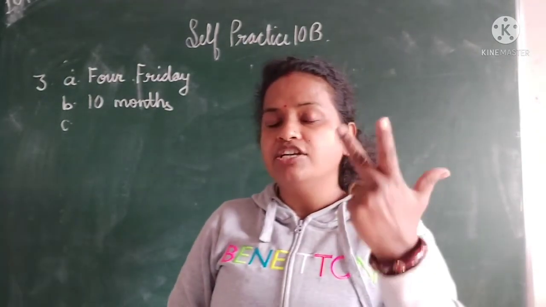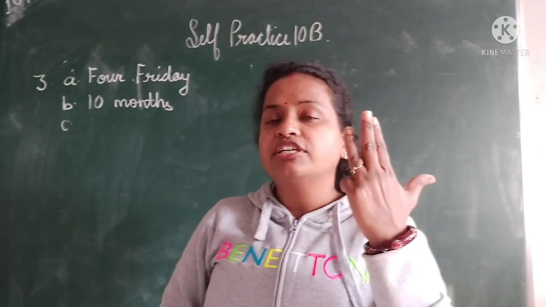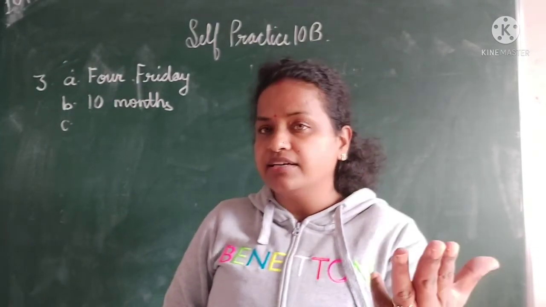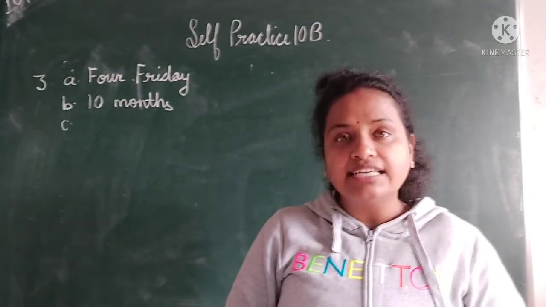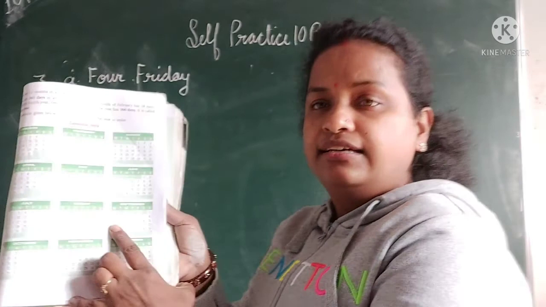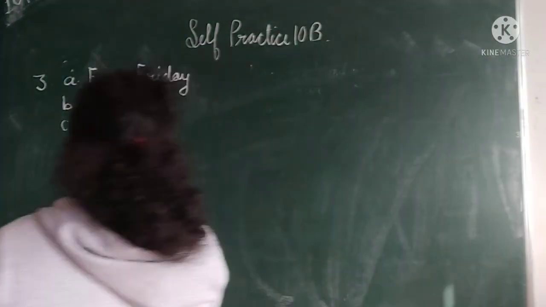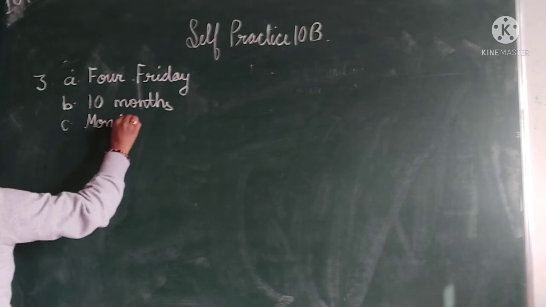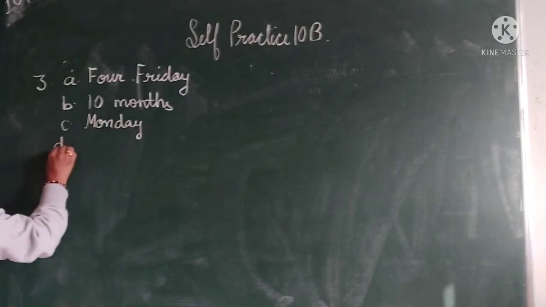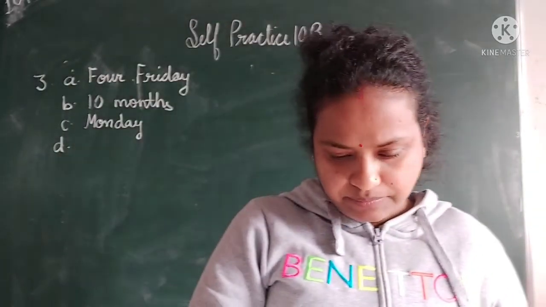January, February, March, April, May, June, July, August, September. It is coming in September. 9th month is September, and 9th day. See the calendar. 9th day of September is Monday. So what will come? Monday.